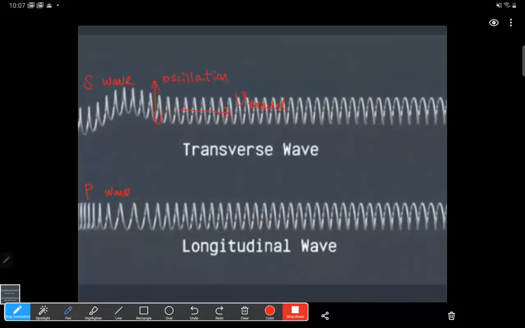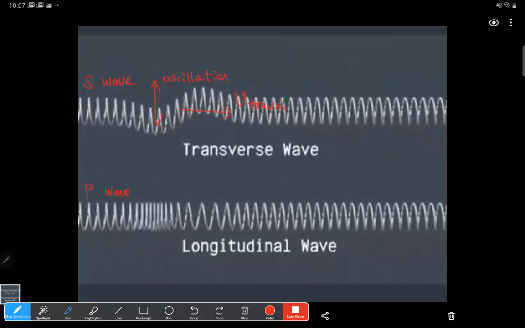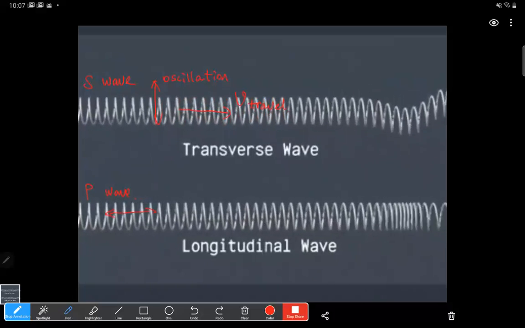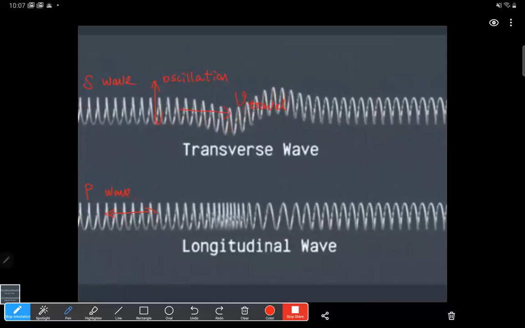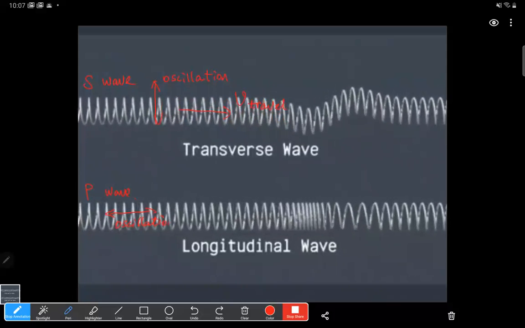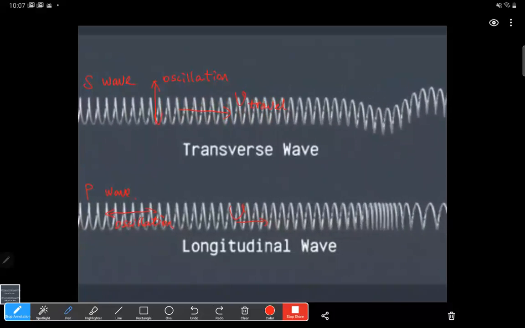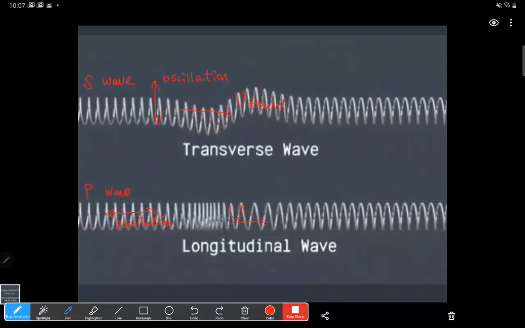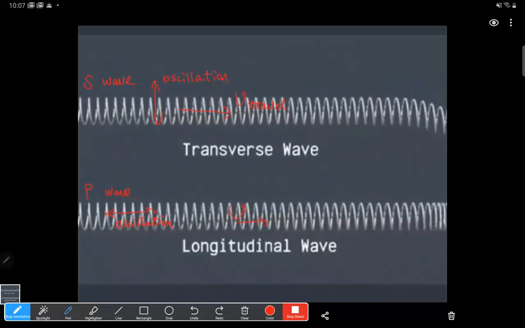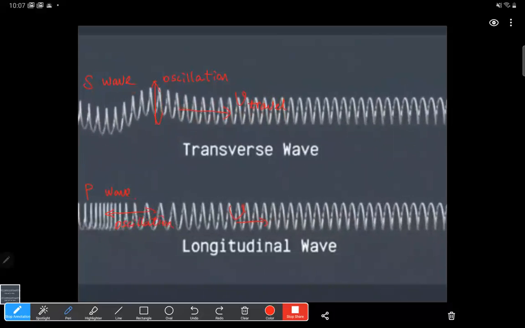But if you look at the longitudinal wave, you find the oscillation is horizontal, right? This is the oscillation. And the traveling direction is also horizontal. So that means the oscillation and the travel direction are parallel. This is called a longitudinal wave.